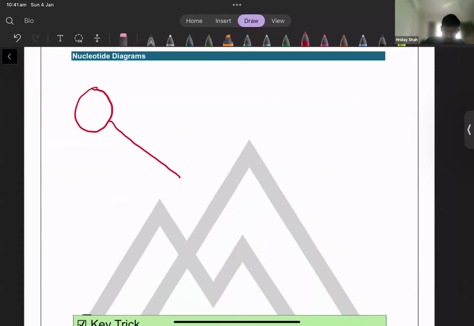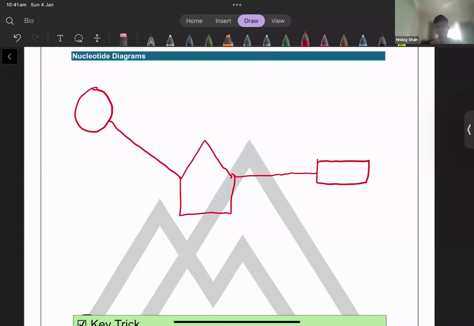One, two, three. Now, the nitrogenous base we are talking about is this rectangle here.